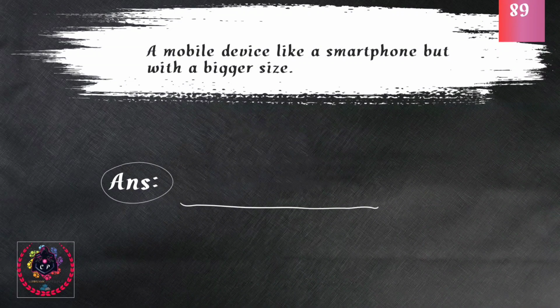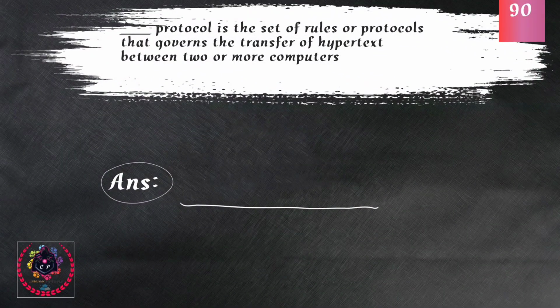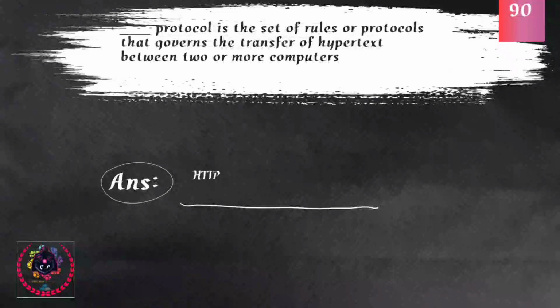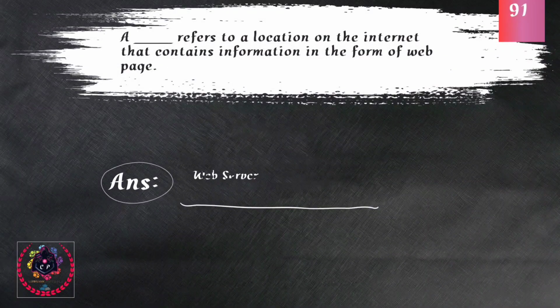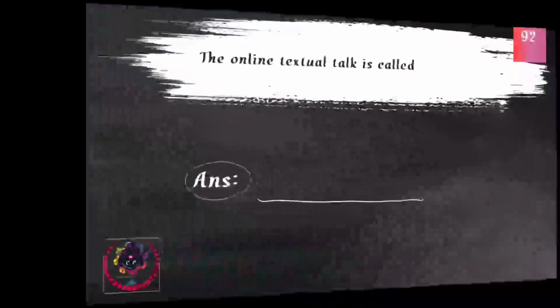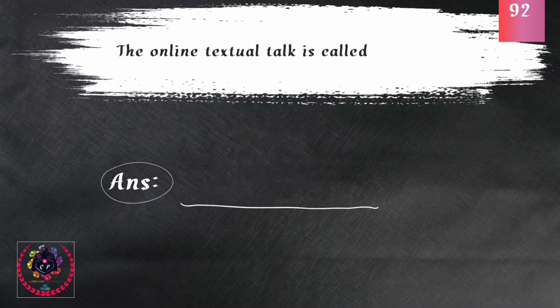A mobile device like a smartphone but with a bigger size is a tablet. HTTP is the set of rules that governs the transfer of hypertext between two or more computers. A web server refers to a location on the internet that contains information in the form of web pages. Online textual talk is called chatting.